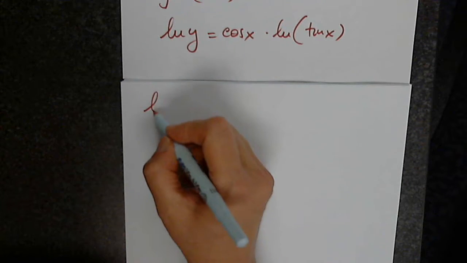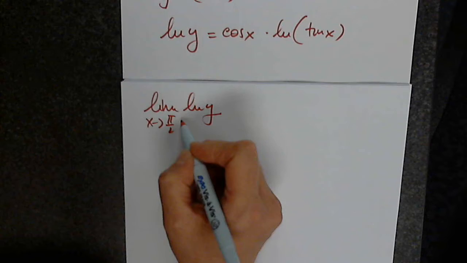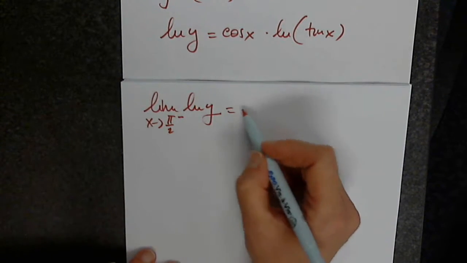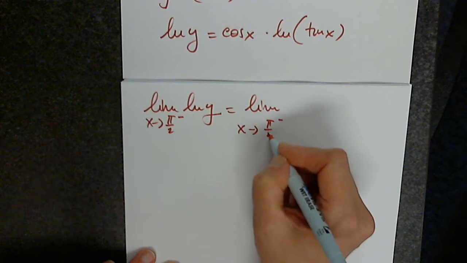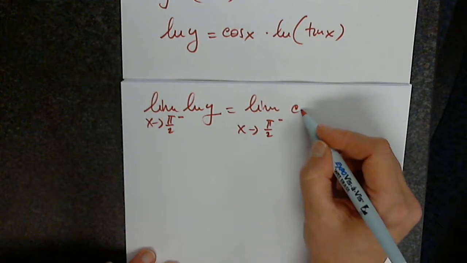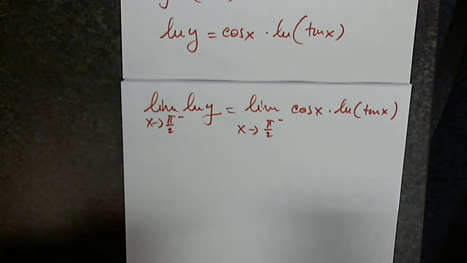Now I apply the limit to natural log y as x approaches pi over 2 from the left, which is the limit as x approaches pi over 2 from the left of cosine x multiplied by natural log tangent x.